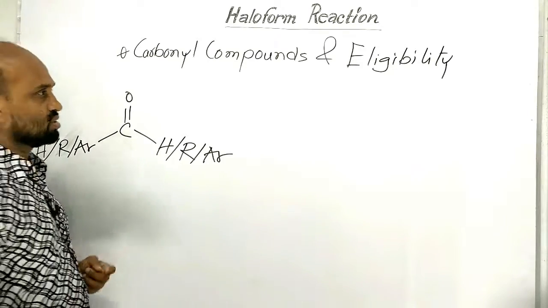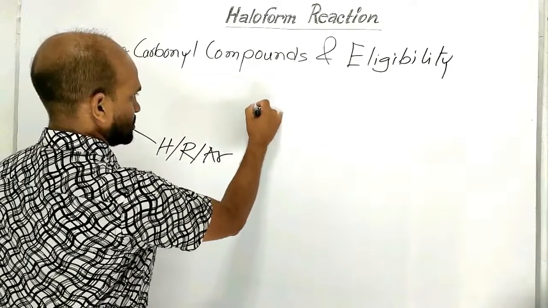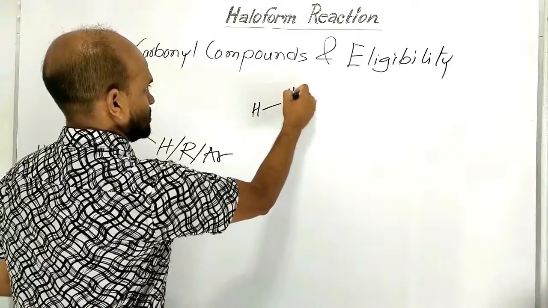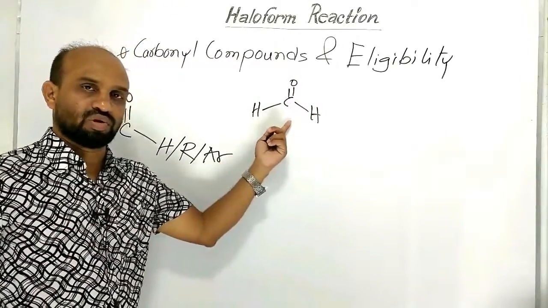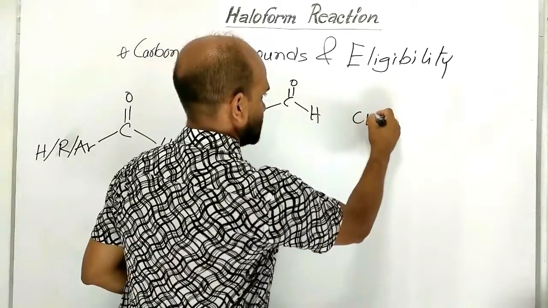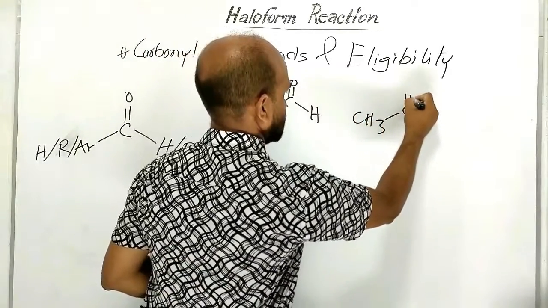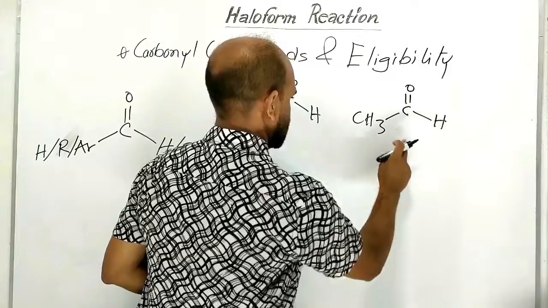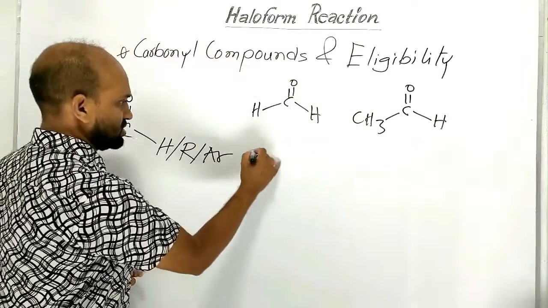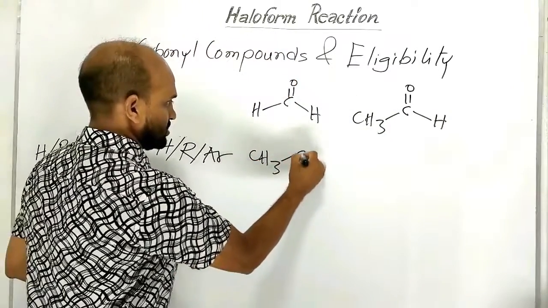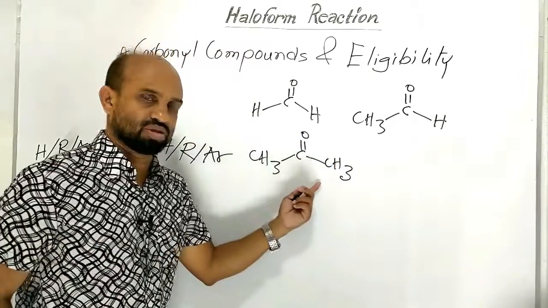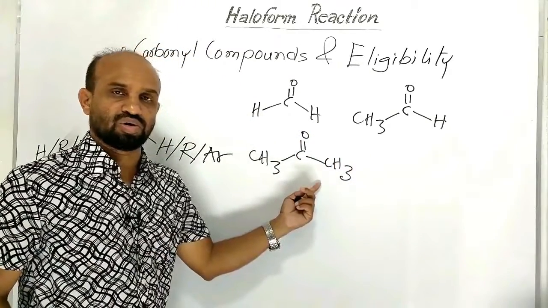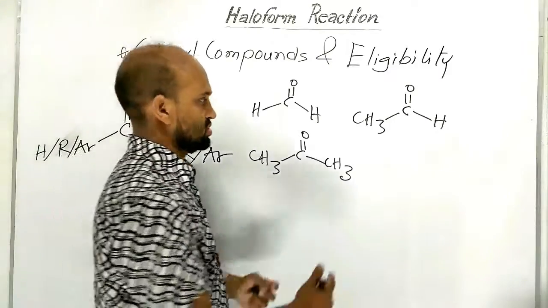Let's see some examples of carbonyl compounds. This is formaldehyde, this is acetaldehyde, this is propanone or dimethyl ketone.